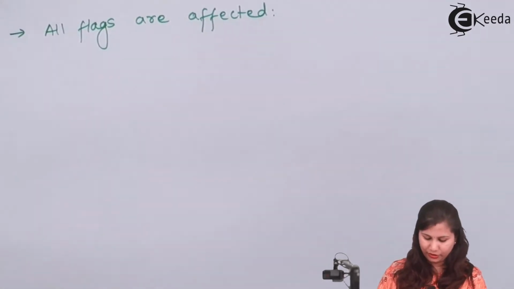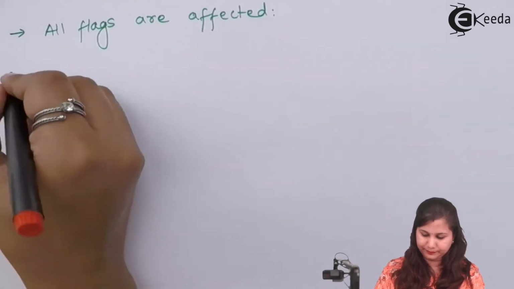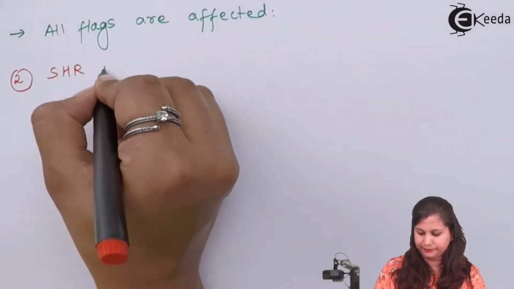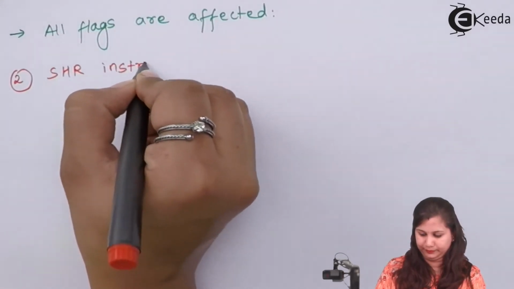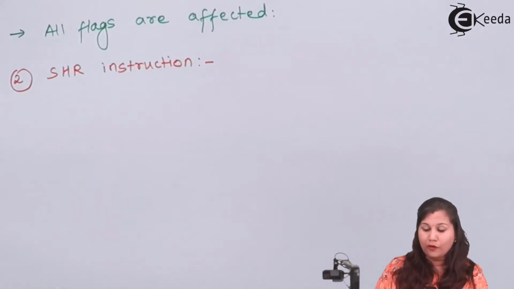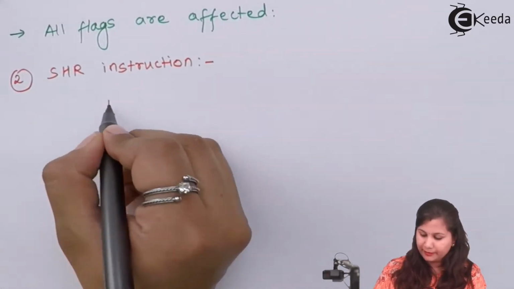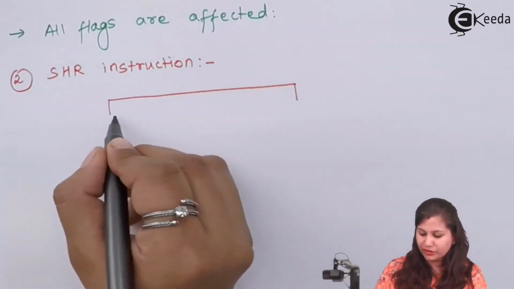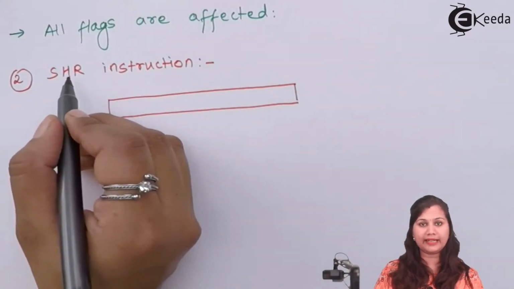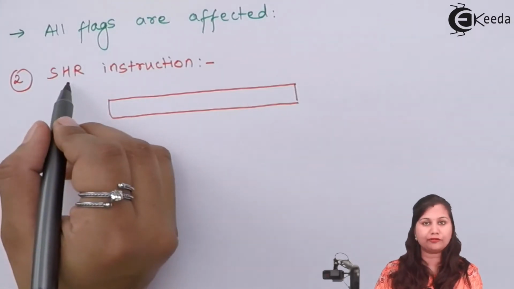Next we have the instruction SHR. For SHR, if we see the diagram, it is going to shift the register to the right hand side. Because R is there, earlier L was there for left, R is here for right.